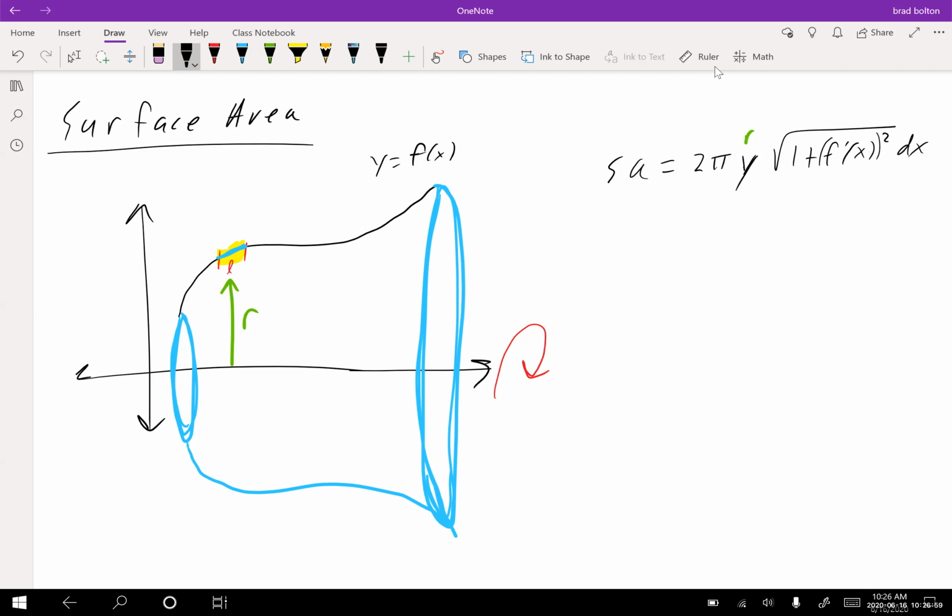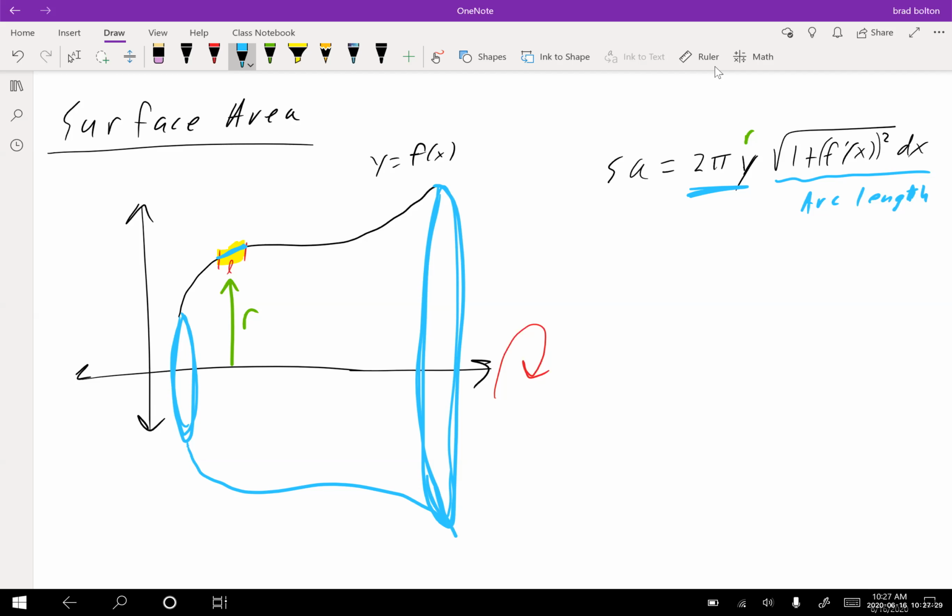I'm basically using the idea from the previous section, which was arc length, and then I'm multiplying it by the circumference, which is 2 pi r, right? And again, it's more of a memorization problem. You memorize the formula, and now that you have the formula, you plug stuff into it. But there's a little bit more stuff now, so your integration could possibly be harder.